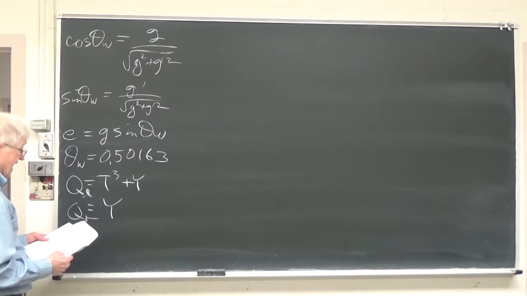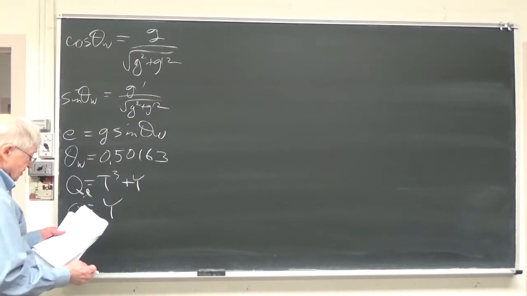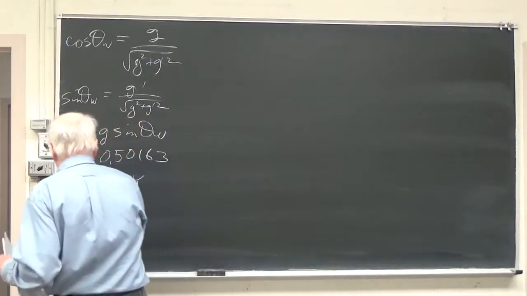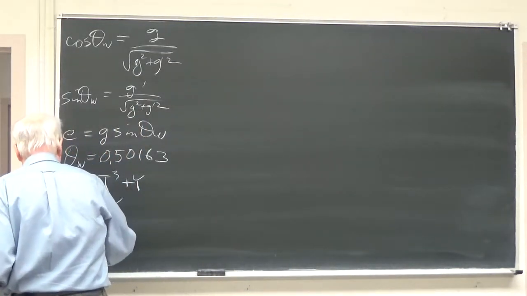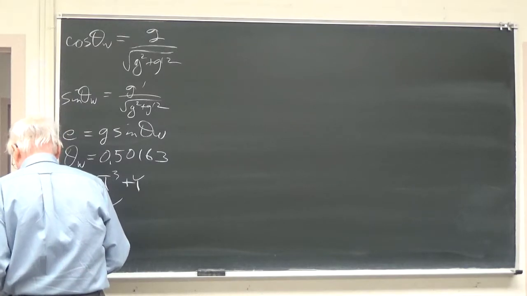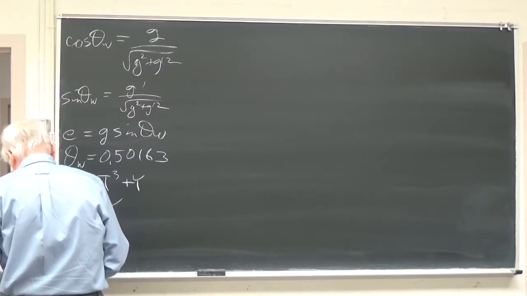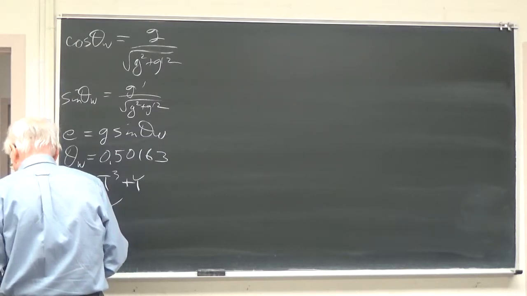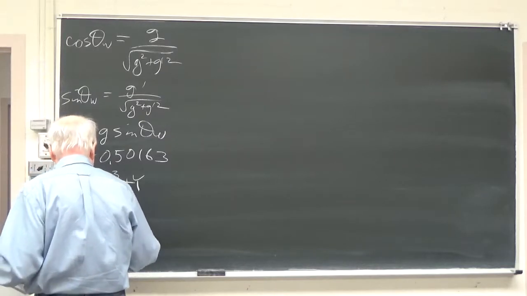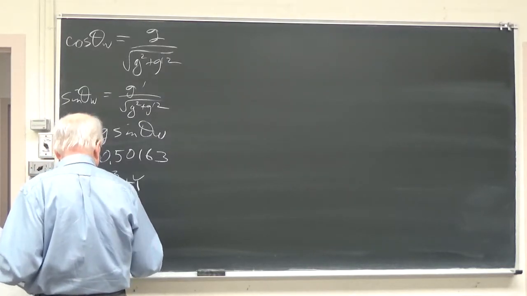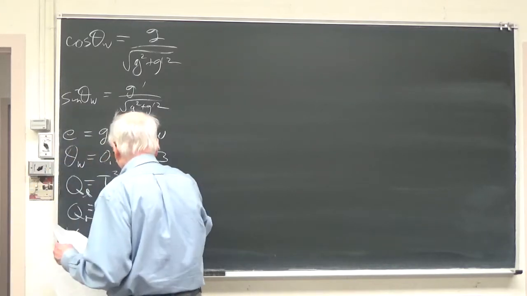So what are these values of hypercharge? Well, hypercharge on the left-handed doublets is minus a half. Let me just make sure I got that right. Yes, minus a half, that's Y left.